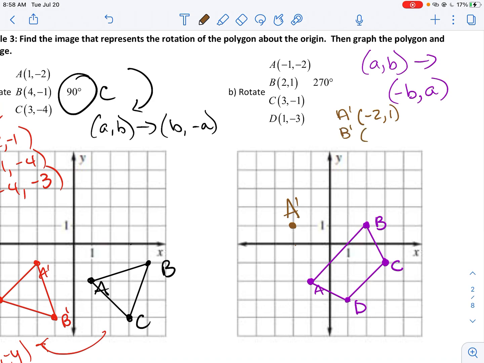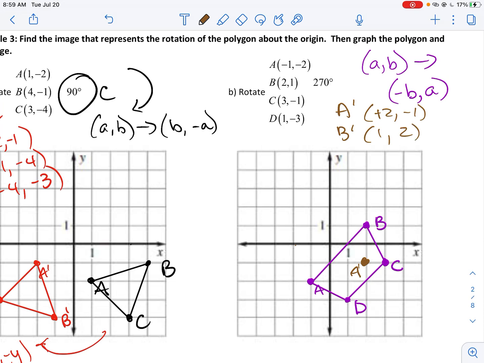My B prime is going to switch around, and the first one is going to be, alright. Nope, I messed that up. A prime, I switch the 2 around, and the first one is positive. So 2, -1. There we go. That's better. No, it looked weird.